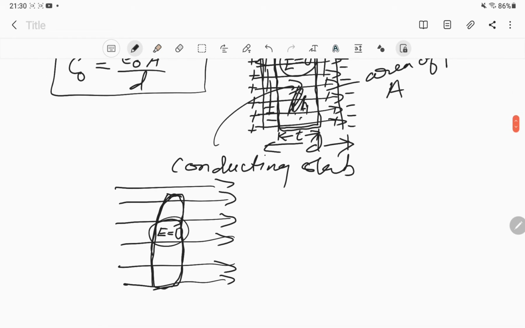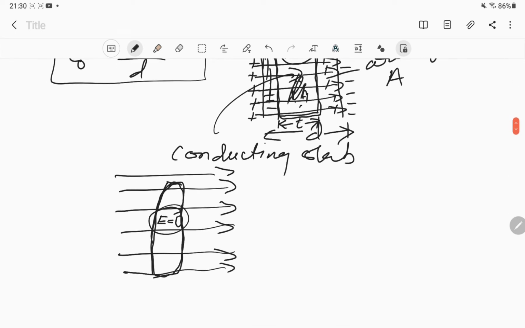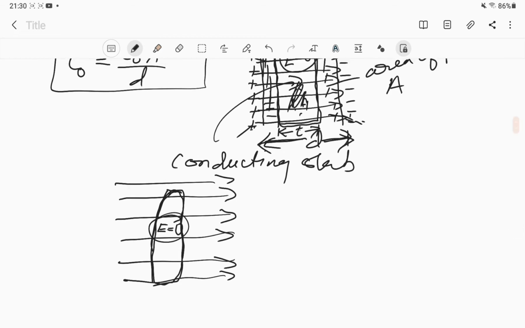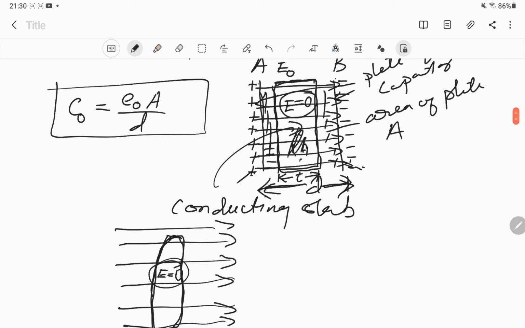Thus, out of the total separation D between the two plates, the electric field exists only over this distance, that is D minus T. So over this distance only the electric field exists.